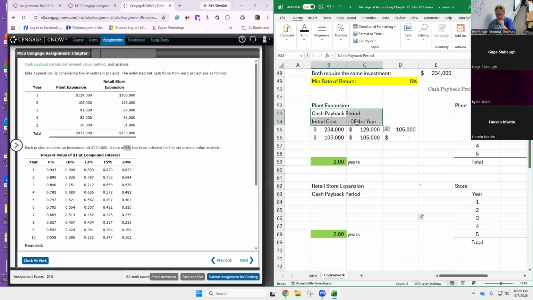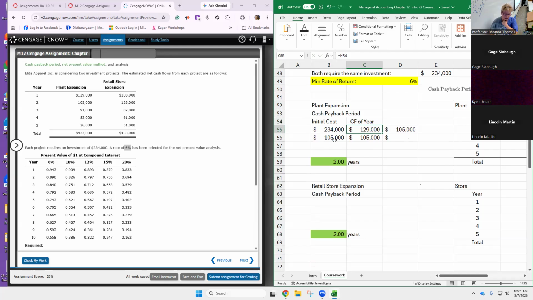Once again, you're going to subtract the cash flow of year. I'm just going to put of year. It might be beyond the first year. It might be beyond the second year. It might be 2.5 years, so you may only get half.